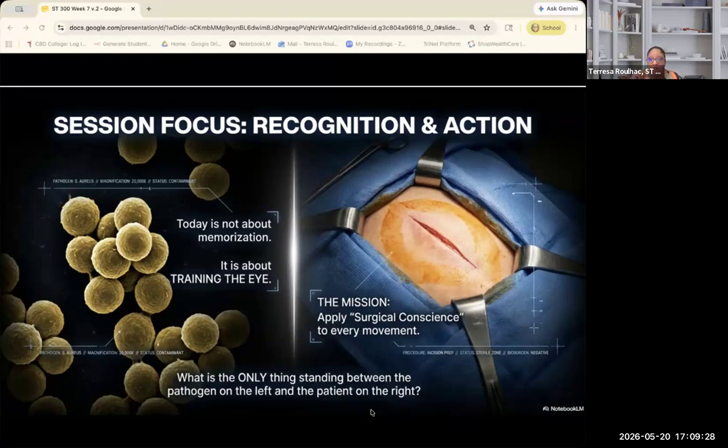In your own words, type what surgical conscience is. Doing the right thing, speaking up when you know something isn't right. Most definitely.